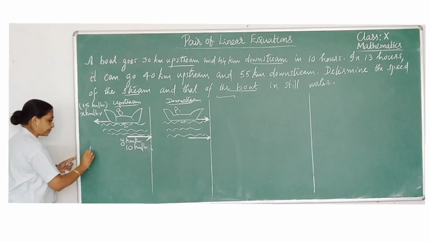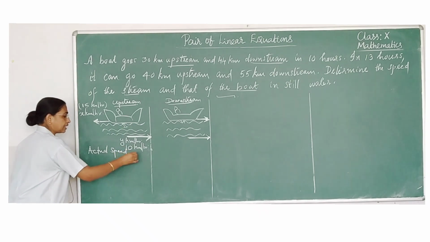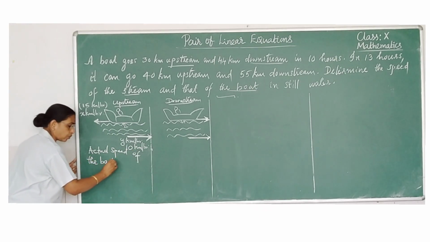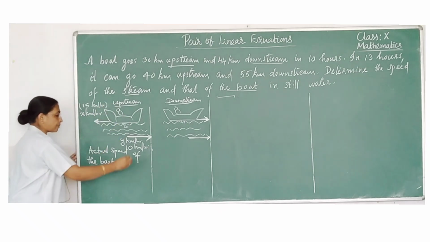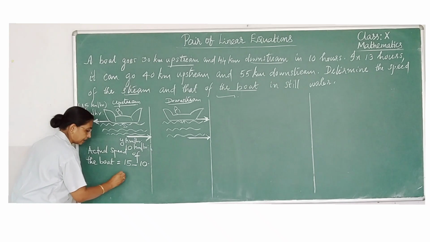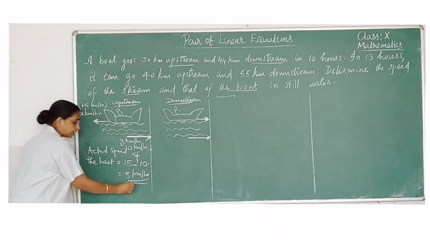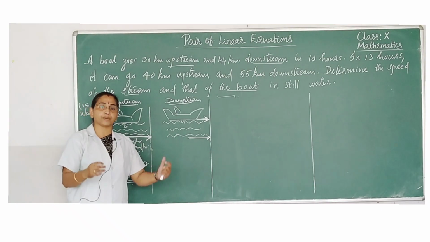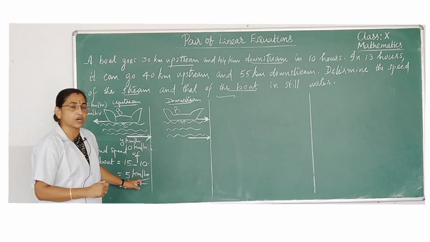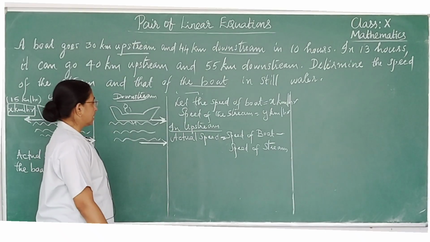So the actual speed of the boat will be equal to the speed of the boat 15 minus the speed of the stream 10, equal to 5 km per hour. Even though the boat has more speed, it can move only with the speed of 5 km per hour. Why? Because it needs to move against the direction of the flow of the river.